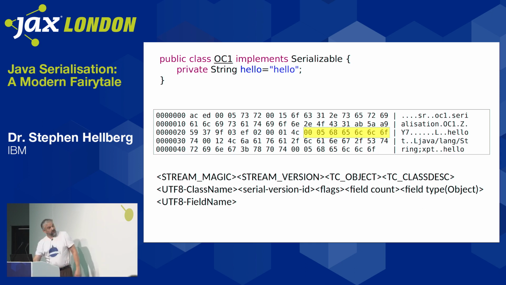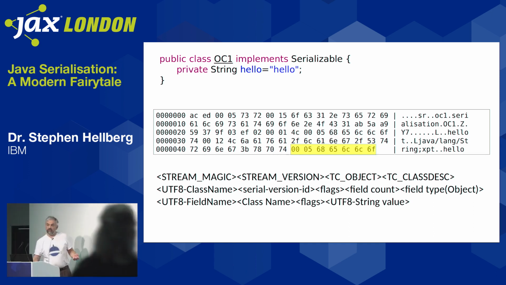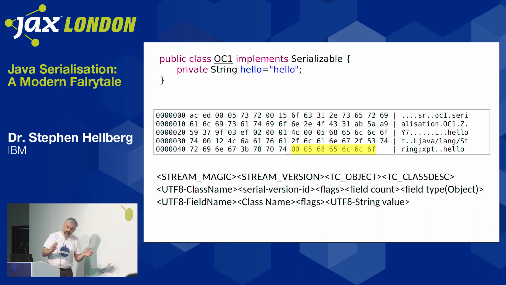We've got the name of the field, which in the original object was called hello. That's another UTF-8 string. There's a string which defines the type of data inside the packet coming down the wire. Some more flags. And we've got the value, the value of hello, which we're going to put into our field called hello, right?